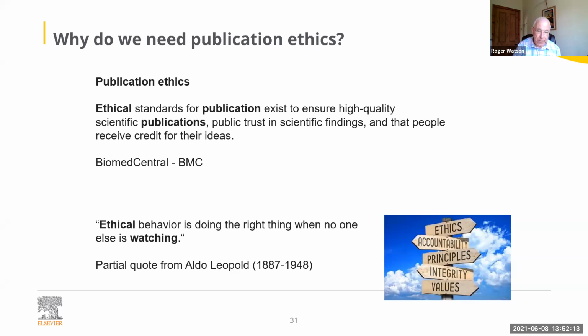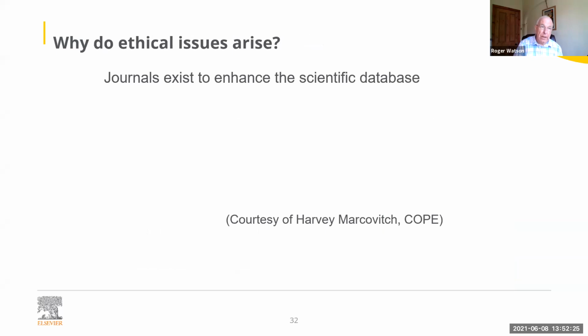So we've many tools in the trade to make sure that we stop unethical papers being published, and if they are, that we then subsequently deal with them. So why do ethical issues arise? Well, journals exist at the highest level to enhance the scientific database, of course, but they also enhance seniority and income of individuals.